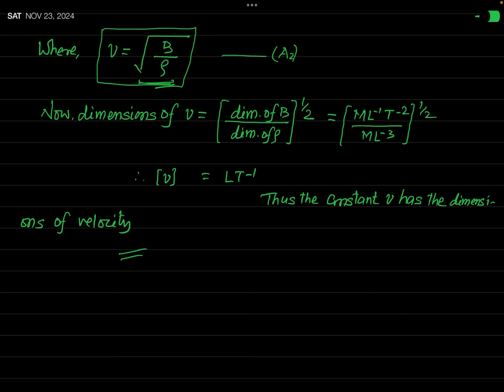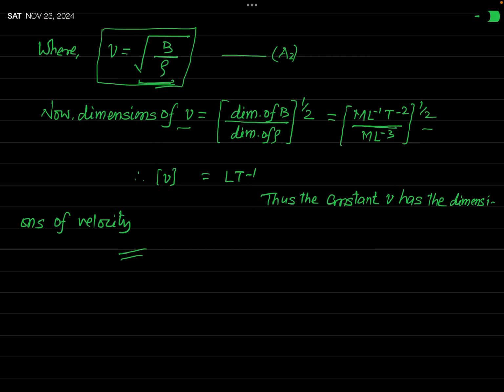But here you can see, if you find the dimensions of this constant V, you will get that its dimensions are simply the dimensions of velocity. So in wave theory this is called the wave velocity or phase velocity of the wave. Let us see. The dimension of elasticity is M L inverse T inverse 2. And the dimension of density is M L inverse 3.